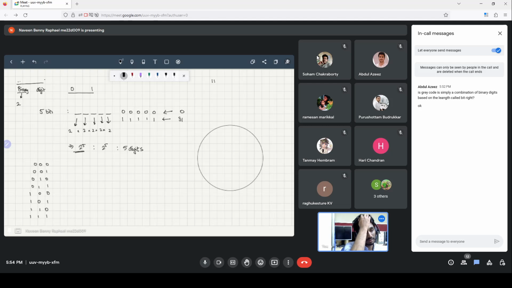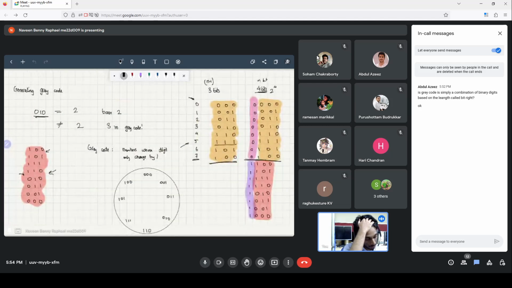Is gray code simply a combination of binary digits based on the length? A gray code is a set of binary digits with a clear mapping, specifically on the fact that the digits should only change by 1.